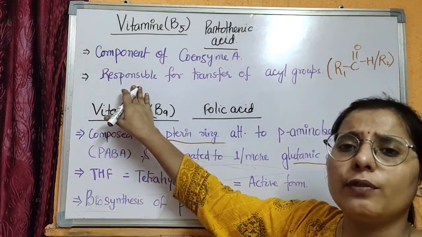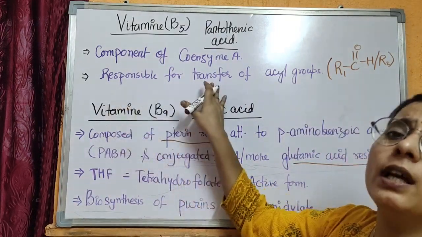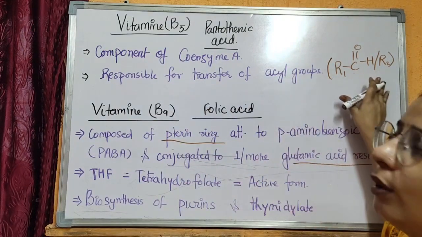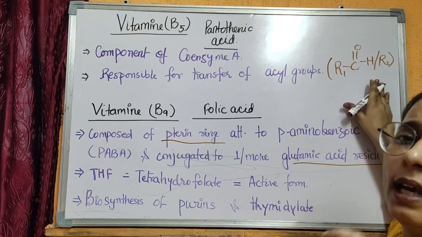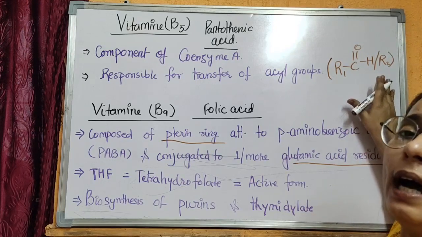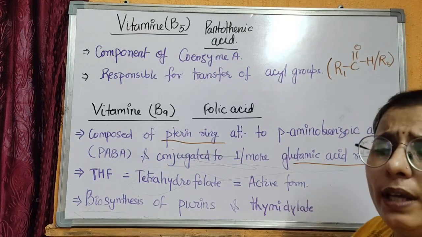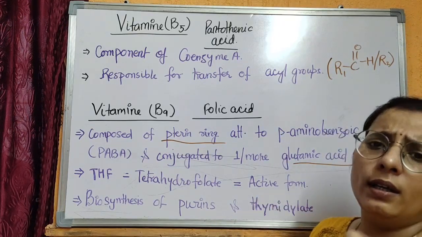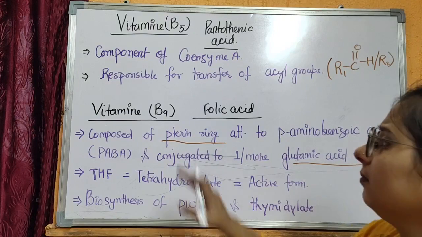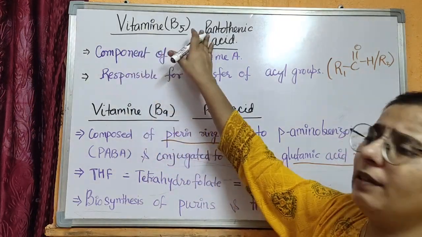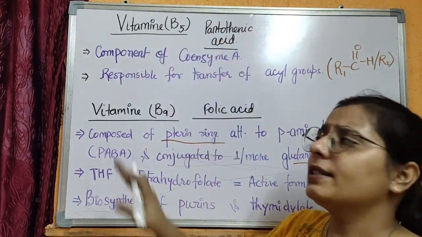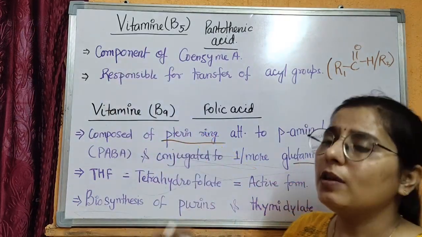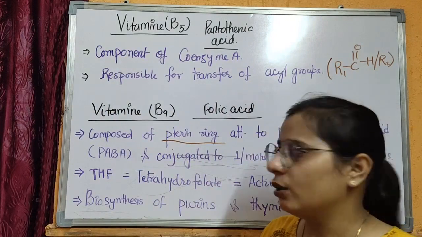It is responsible for the transfer of acyl groups to different molecules, and that acyl group is RC double bond O H or RC double bond O R2, where R represents any number of methyl groups attached to the carboxyl groups. So vitamin B5 is pantothenic acid, and it is the component of coenzyme A that is responsible for the transfer of acyl groups to different molecules.